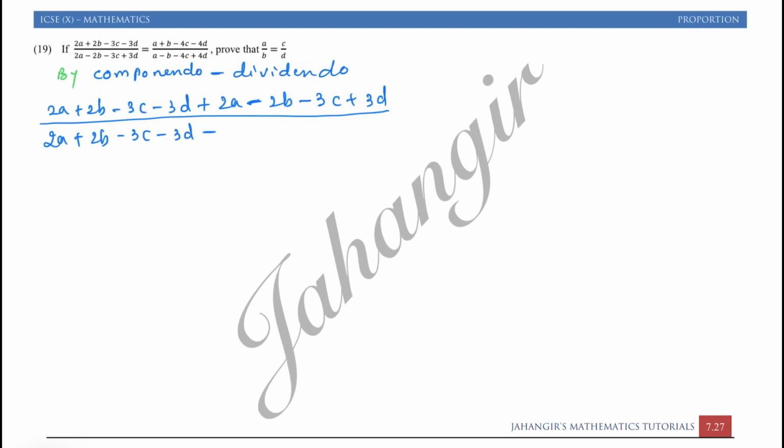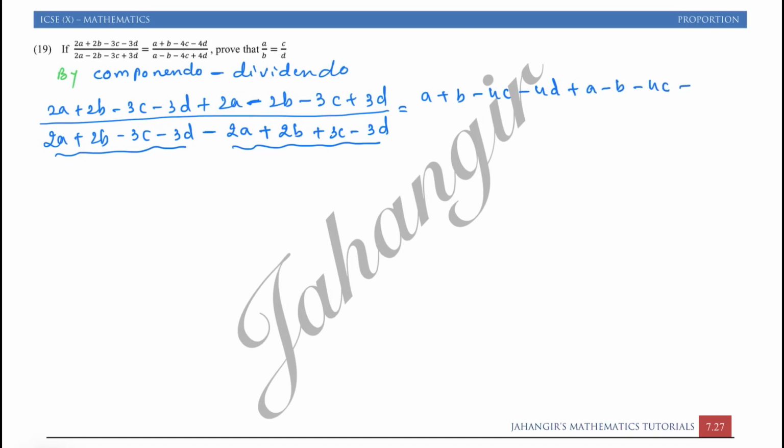Here I will take minus because numerator gets over here, minus, then in the denominator I have to change sign. My 2a minus 2b, I can make plus 2b plus 3c minus 3d. Main important is this part, otherwise all terms are relatively same. Now right side, a plus b minus 4c minus 4d plus a minus b minus 4c plus 4d.